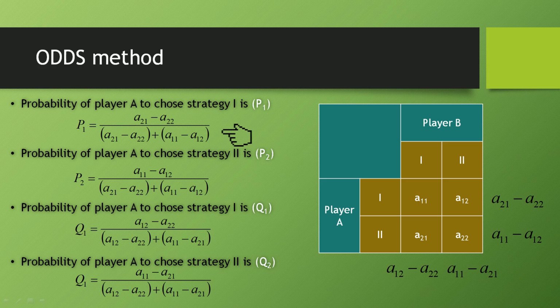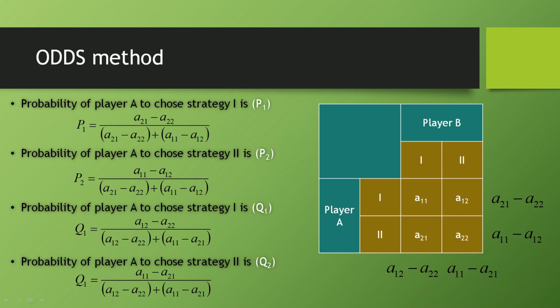Now the probability of player A to choose strategy 2 is A11 minus A12 in the numerator, and in the denominator add these two values, A21 minus A22 plus A11 minus A12. So for strategy 1, we take this and divide it by the sum of these two, and for strategy 2, you will take this and divide it by the sum of these two.